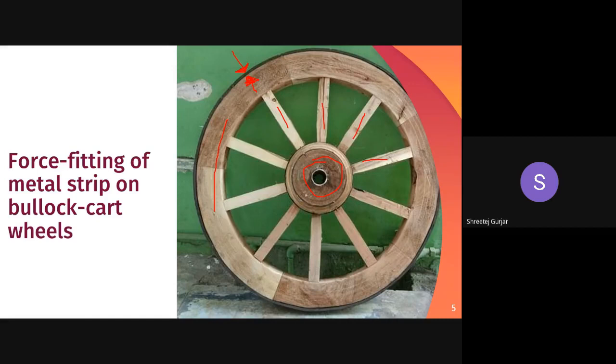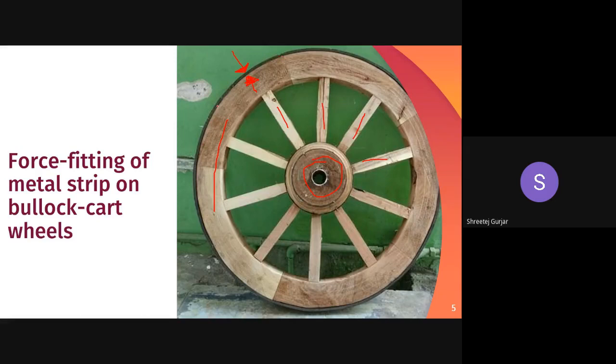It is the same thing here. This metal band holds the entire wheel. If that metal band is not provided, the wheel will just dislocate, everything will start to loosen up, and the wheel will be destroyed.